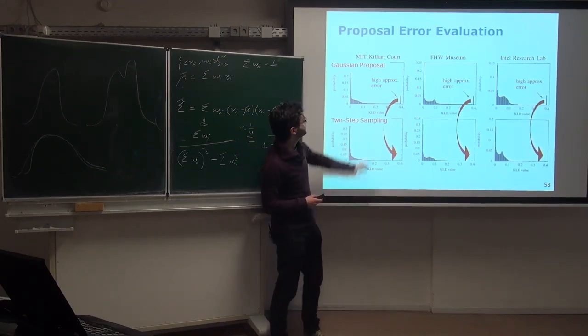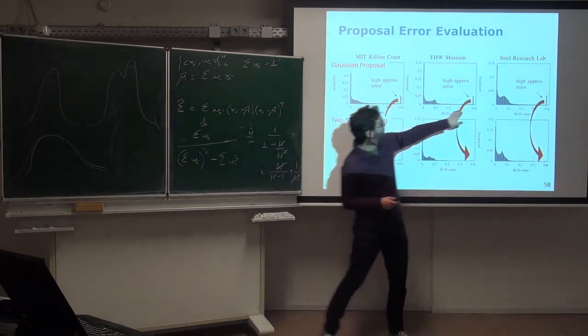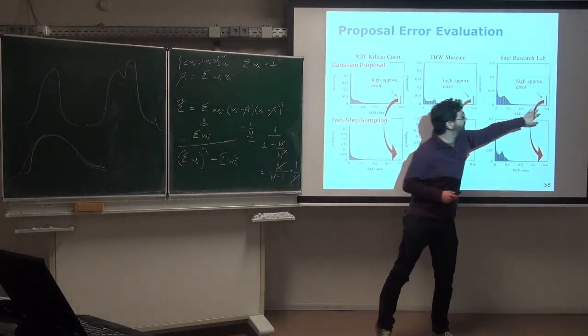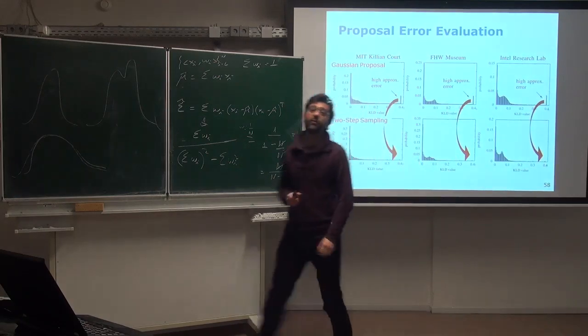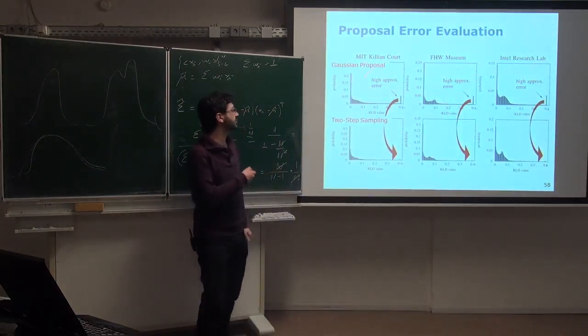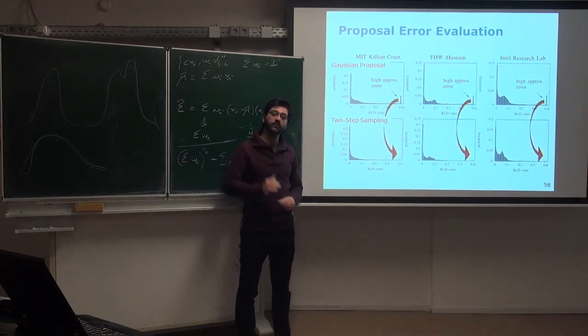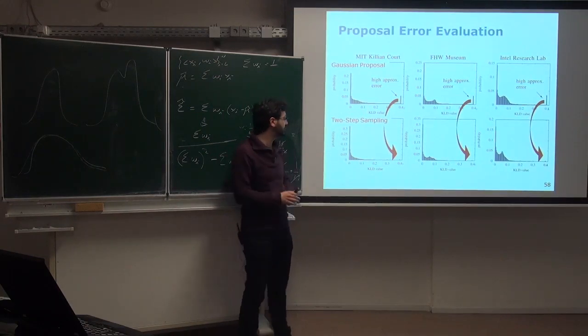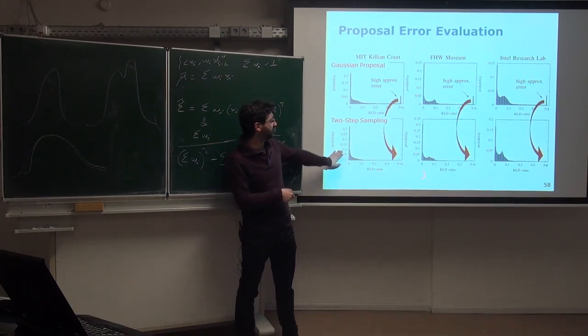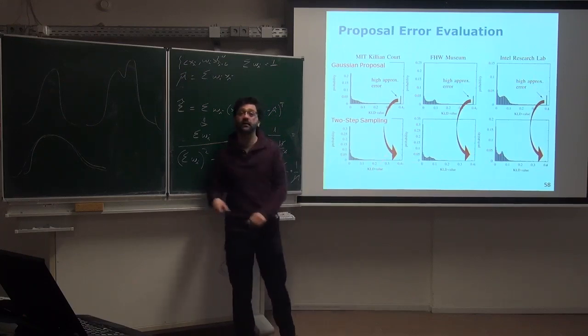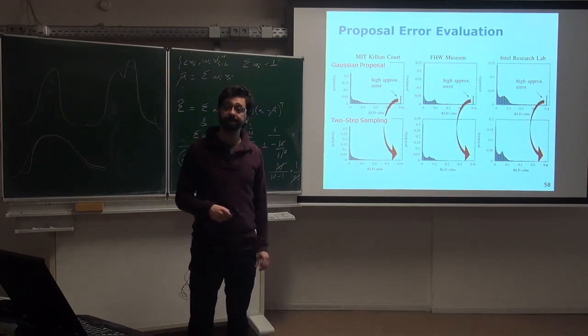We end up that in some cases we have a high error, a divergence of more than 0.4, if we just use a Gaussian proposal. But if you do this two-step sampling, which is a bit more expensive computationally, but not too much, we end up that all this part here is actually eliminated, okay?